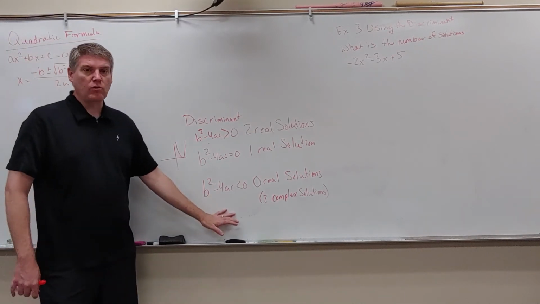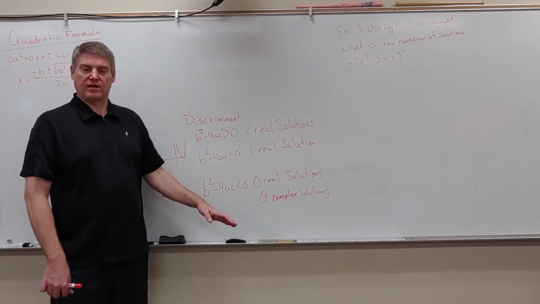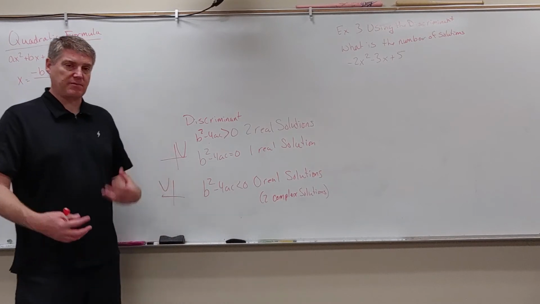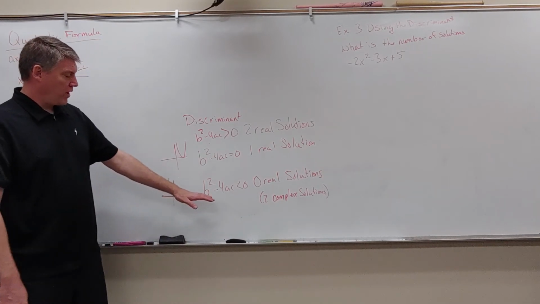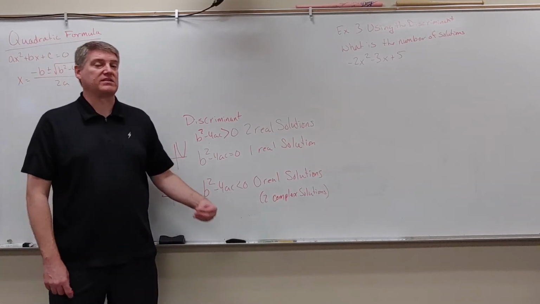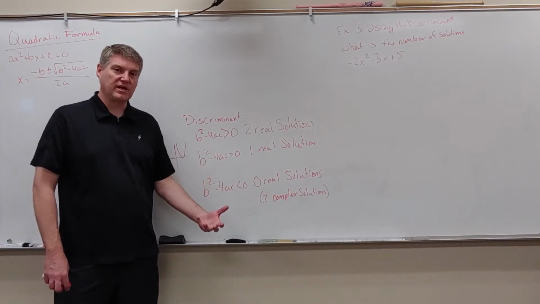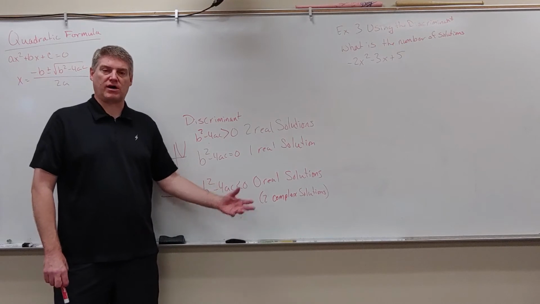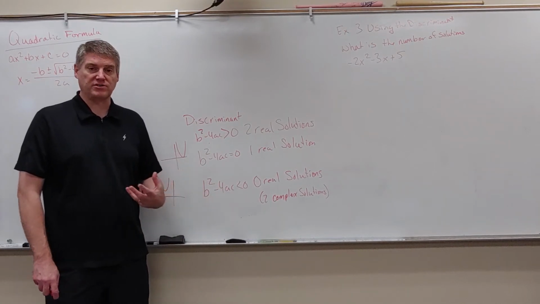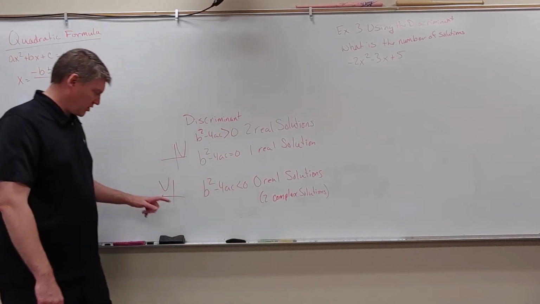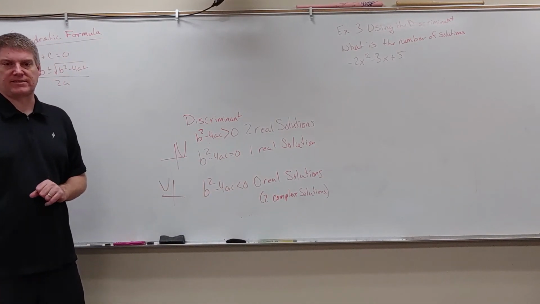Now, this is the one that really is important to understanding, and we're going to talk about this later. What happens if b squared minus 4ac is less than 0? Well, we actually have 0 real solutions, and what we end up having is 2 complex solutions or 2 imaginary solutions. So this is the situation in which our graph is not going to go through the x-axis.